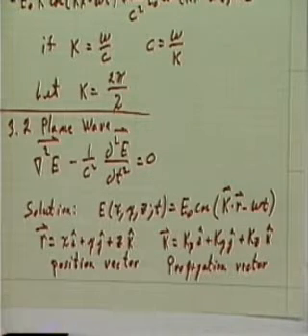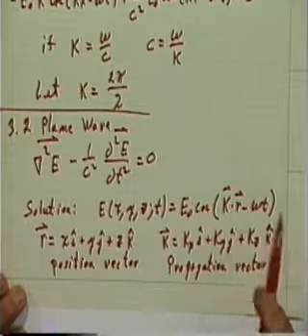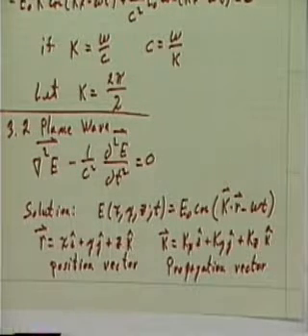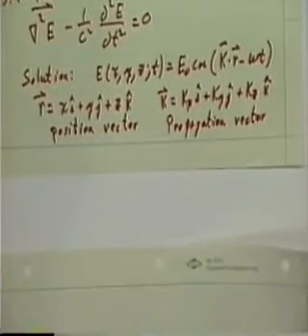It gives the direction of propagation. So now what we want to look at is k dot r minus omega t. Let's move this up to the top.